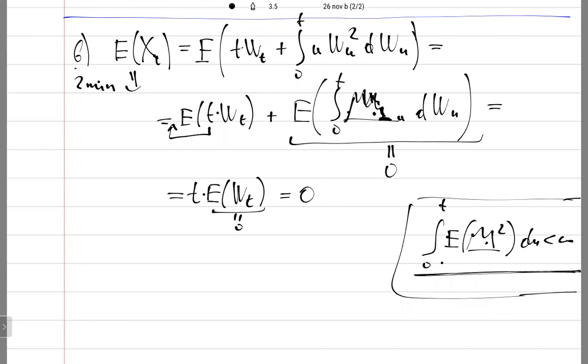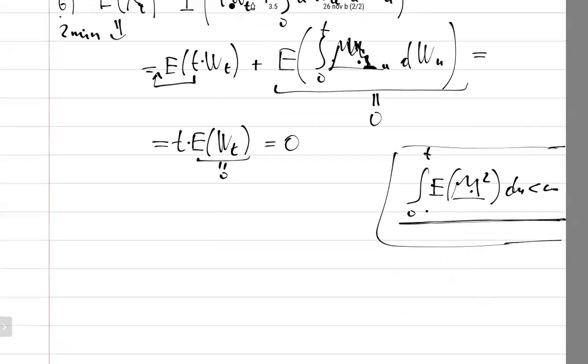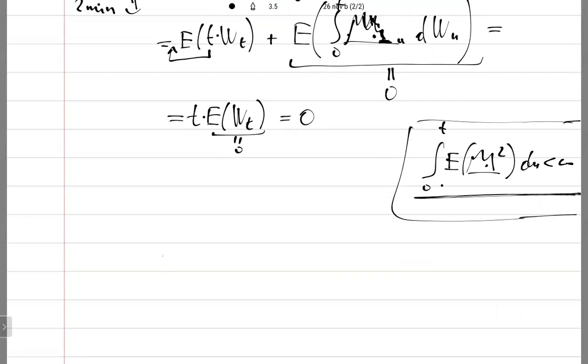Yeah, if you would like to go to sums, it will be the limit of a big sum, and in this sum, every term will be something like the integrand at u times w at u plus small delta minus w at u.